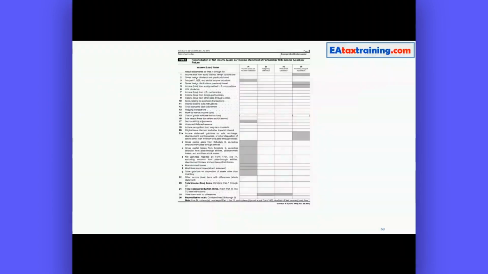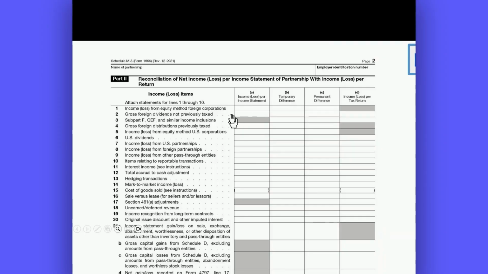Then we get over here to part two, and this is the reconciliation. So again, if you're one of those that's required to file M3, but you have less than 50 million of assets, you can skip this part and do M1 and M2 instead. But if you want to, you can fill out this part two. Or if you got more than 50 million of assets, you have to fill out part two.